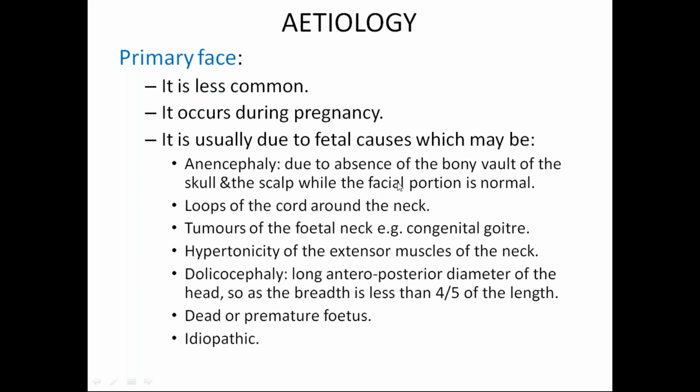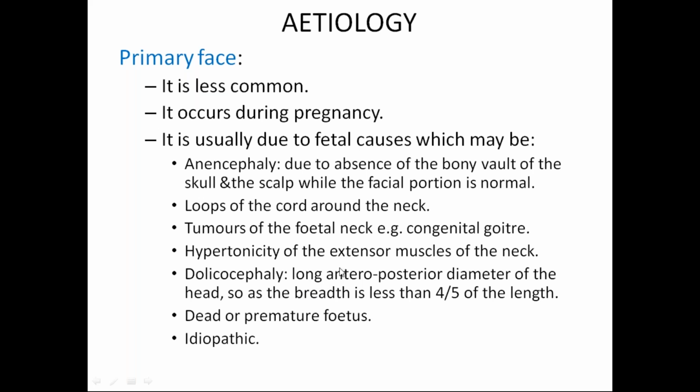Then anything which prevents flexion of the fetal head, like loops of cord around the neck, or any congenital tumors of the fetal neck, either congenital goitre, cystic hygromas, all those things. Or sometimes sternomastoid muscles, hypertonicity of the extensor muscles of the neck, which don't allow the neck to flex properly. Then dolichocephaly, where the anteroposterior diameter is long whereas the transverse diameter is less.